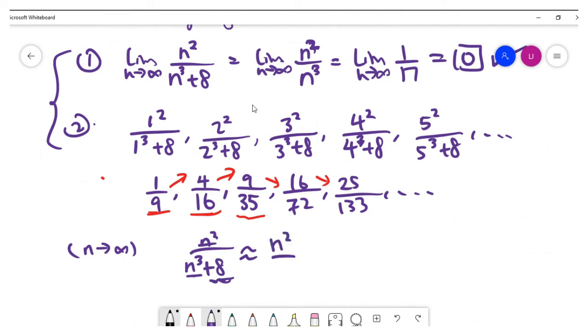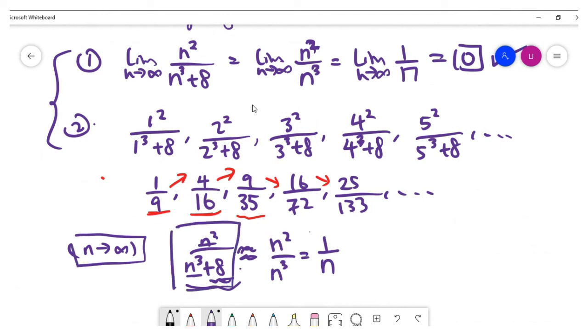So this fraction is very, very close to the fraction on the right-hand side, which is n squared divided by n cubed. I can cancel out 2 copies of n to get 1 over n, right? This approximation means that when n is very, very large, we expect that this fraction is very close to 1 over n, and of course 1 over n itself is always decreasing, right?